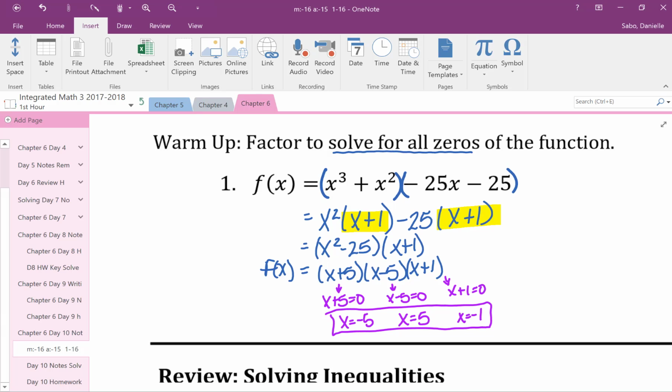On this one? So when you have 1, 2, 3, 4 terms, you factor by grouping. The first 2, and then you can pull out x squared here, and that leaves you with x plus 1. Okay.